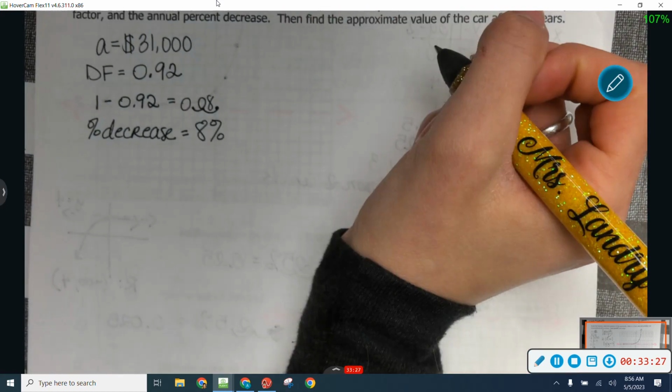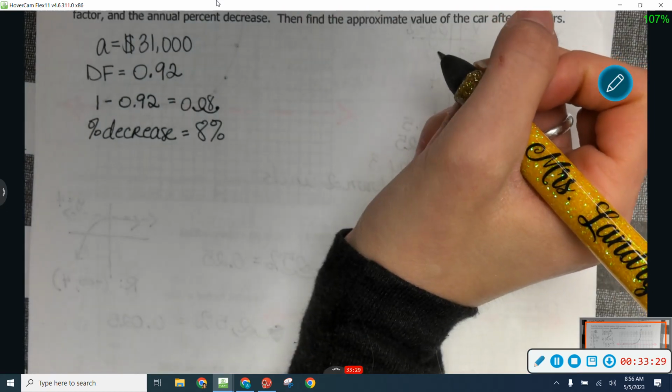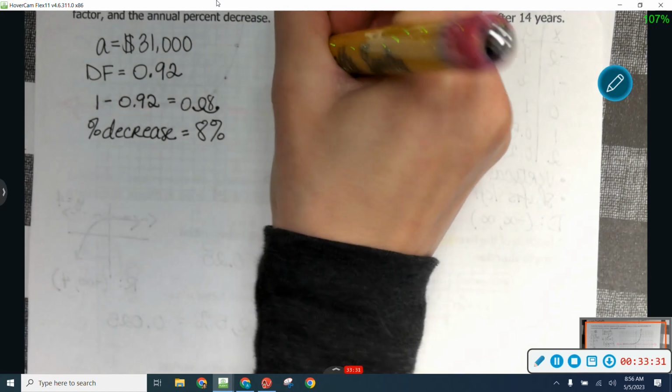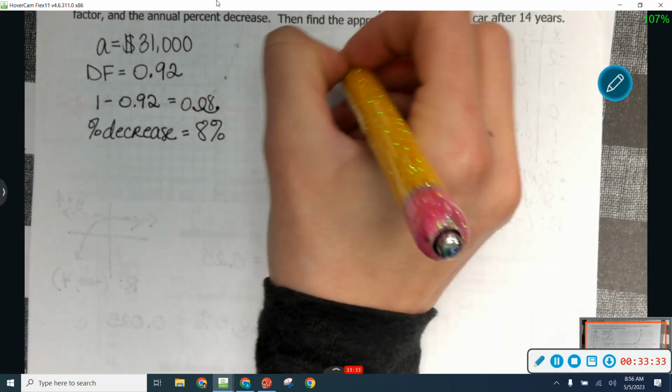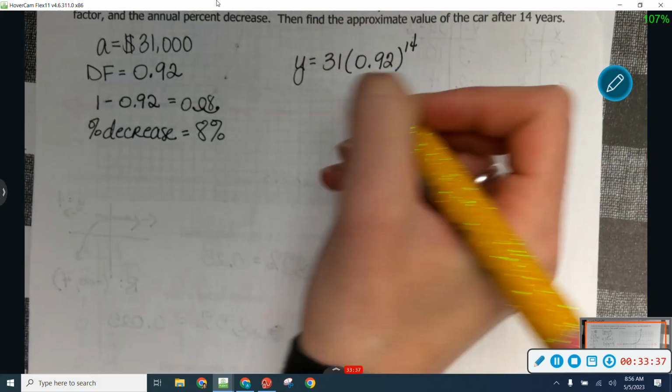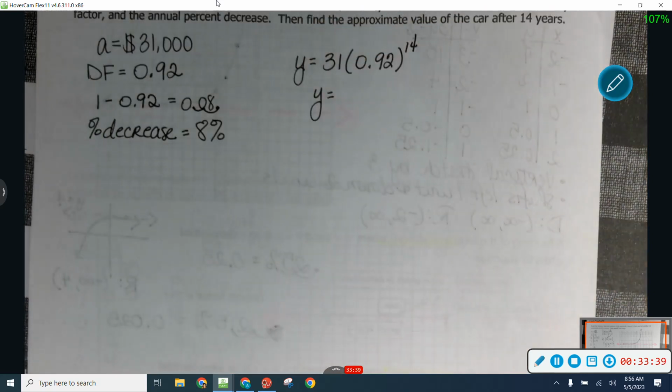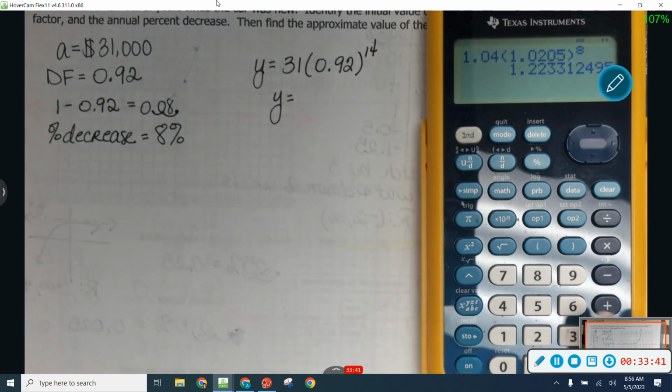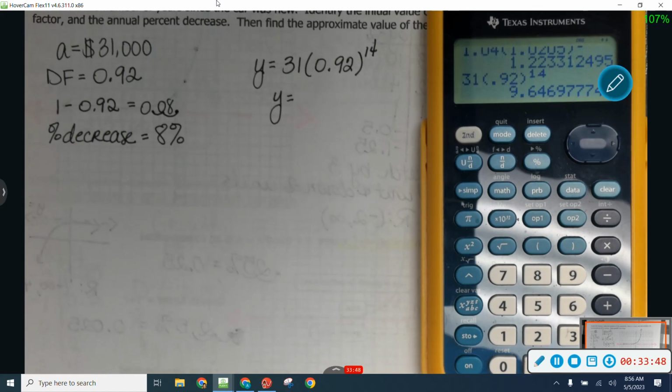Alright, so then find the approximate value of the car after 14 years. I'm just going to have my y equals 31 times 0.92 raised to the 14th. And I get 9 point that.